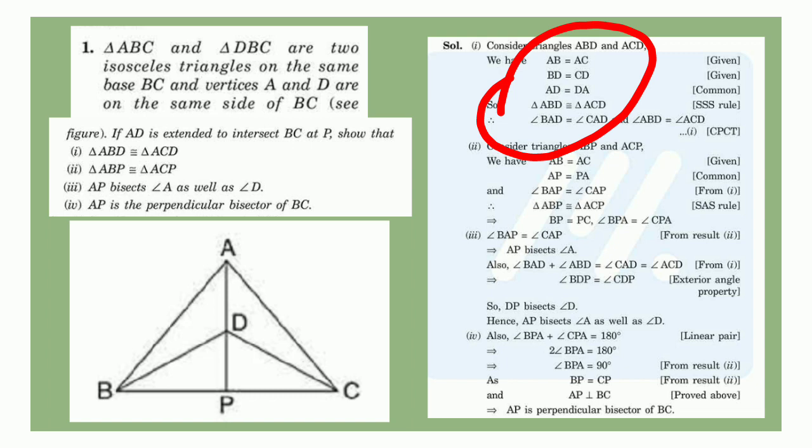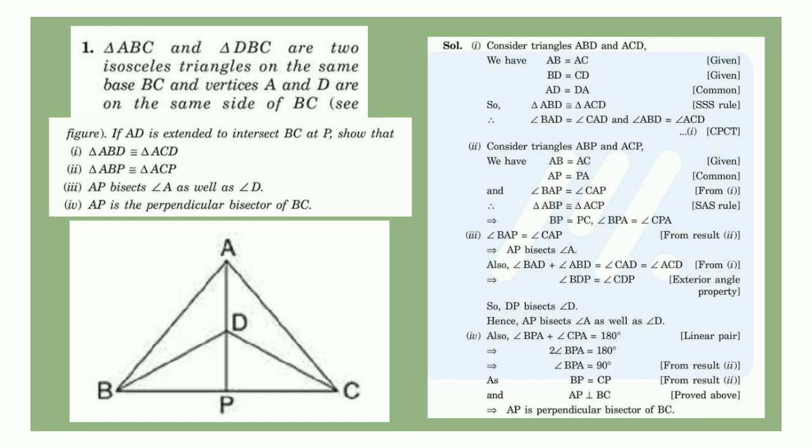See, AB equals AC given, BD equals CD given, AD equals AD common side. So, by using the SSS congruence rule, we can say these two triangles are congruent. What are they? Triangle ABD is congruent to triangle ACD.